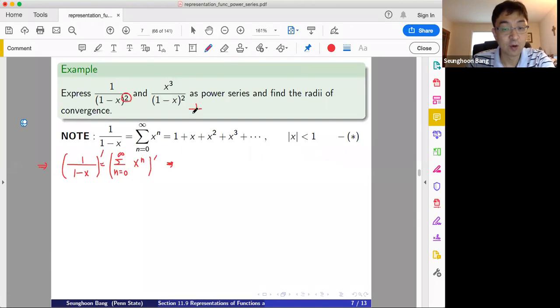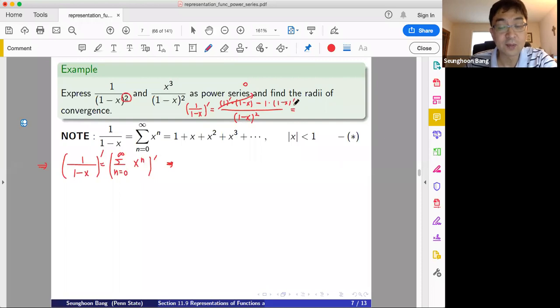You can use the quotient rule: top prime times bottom, minus top times bottom prime, over bottom squared. The derivative of the top 1 is just 0.